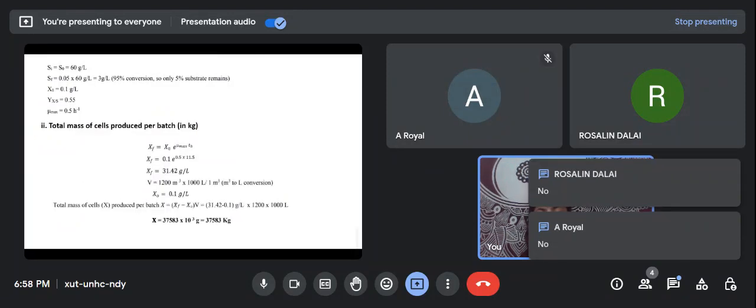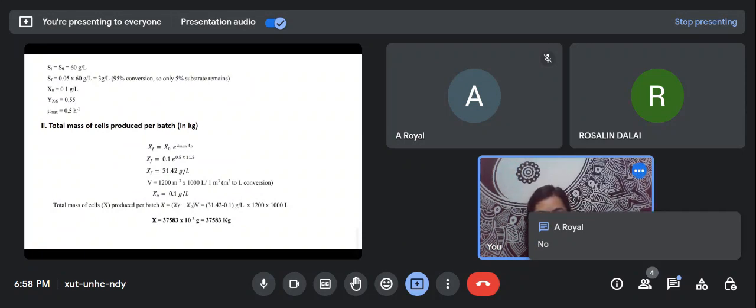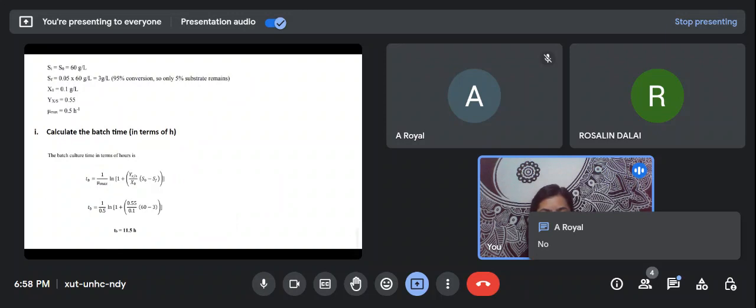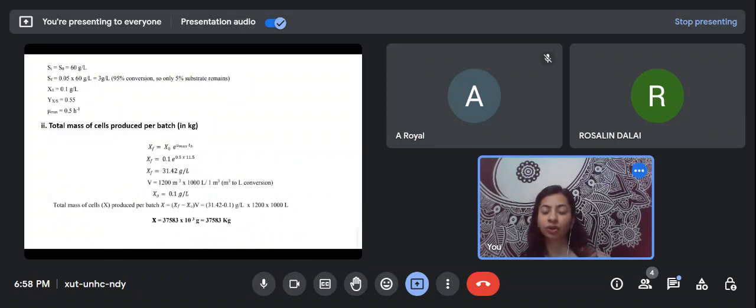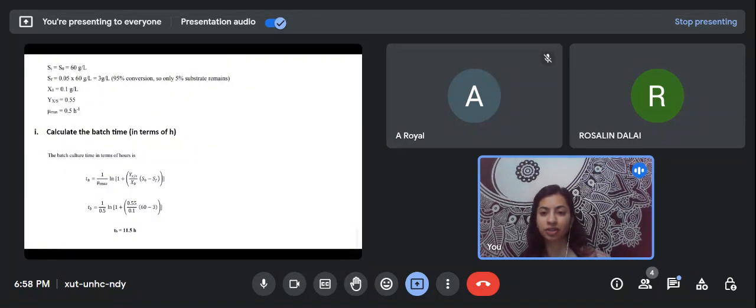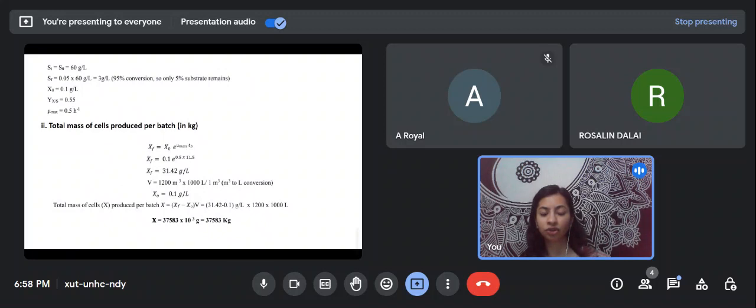No doubt. Okay, sure. So now you have to find the total mass of cells produced per batch. Since one batch is 11.5 hours, you have to figure out the total mass of cells produced. The initial concentration of cells was 0.1 gram per liter, right? You need to know the total that is produced.